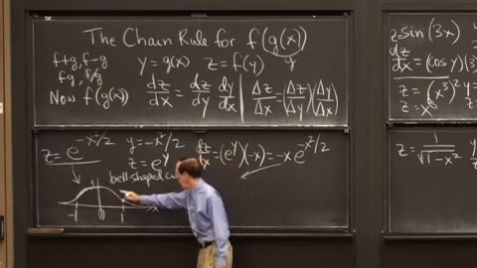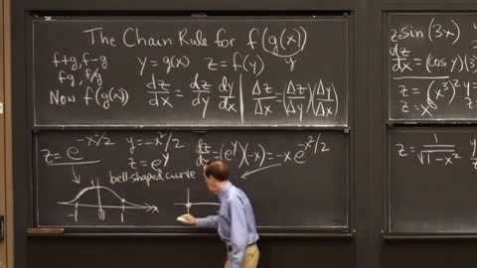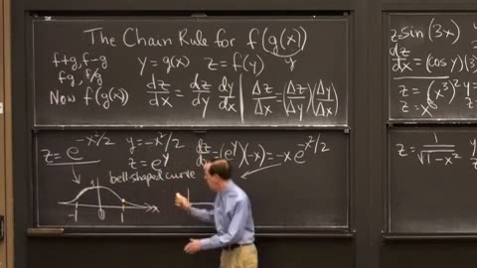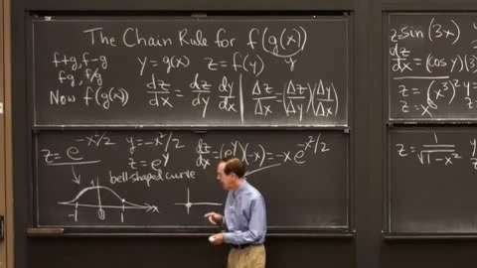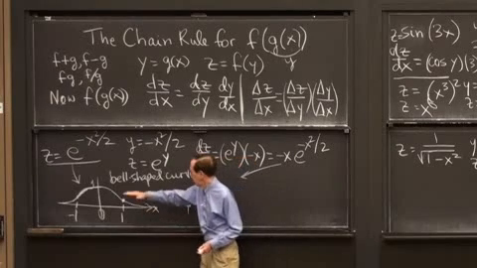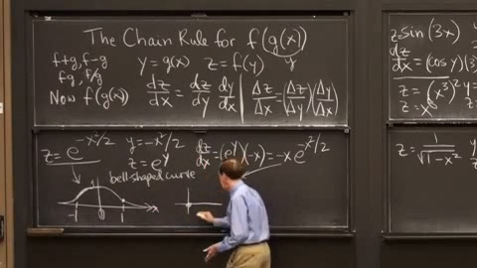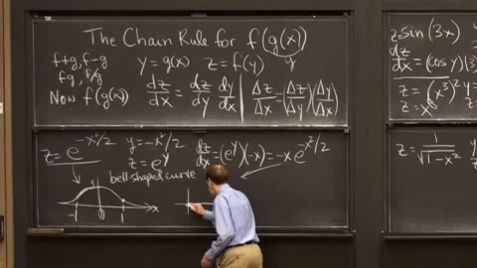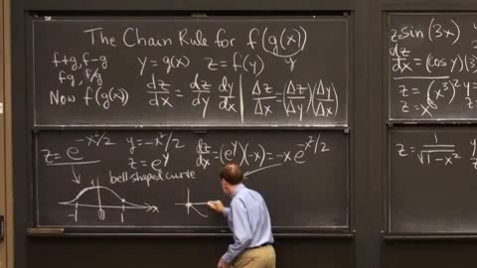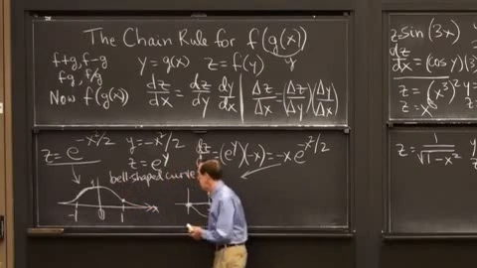The slope is becoming more and more negative, maybe up to some point. Actually, I believe it's that point, where the slope then becomes less negative. It's always negative. I think that the slope goes down to that point x equal 1, and that's where the slope is as steep as it gets.